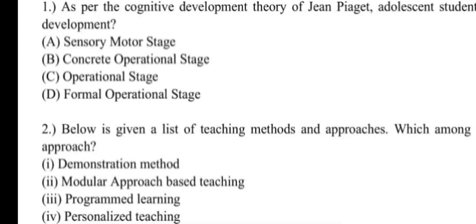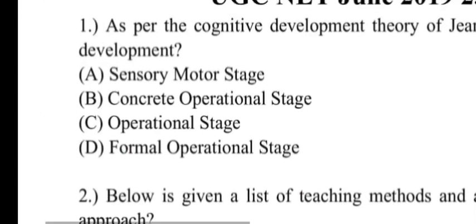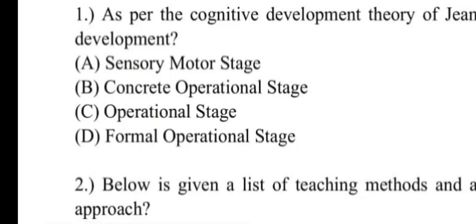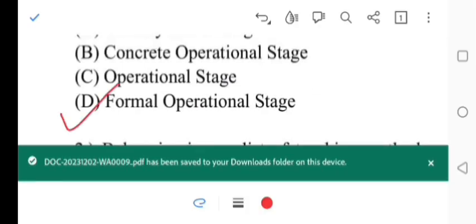This may be related to teaching aptitude, or maybe student learning. So these are the options: sensory motor stage, concrete operational stage, formal operational stage. According to me, option D will be correct, that is the formal operational stage. That's all.